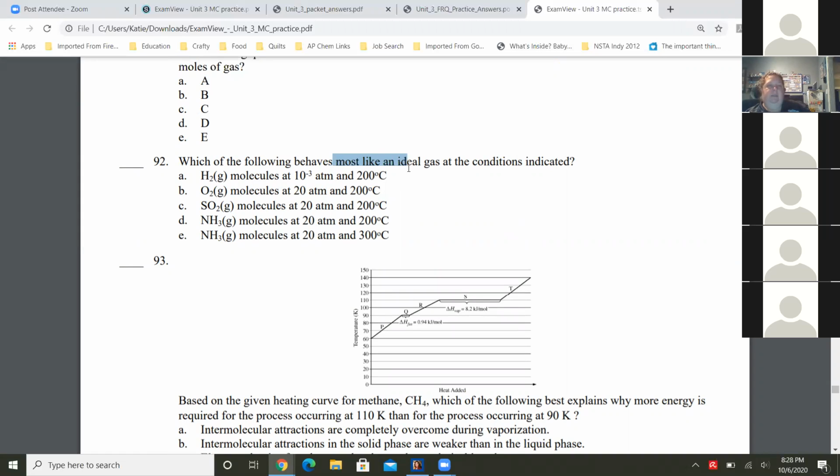Most like an ideal gas means that we want high temperature and a low pressure if we can help it, and we also want smaller molecules, smaller particles. They're mostly all at the same temperature. Ammonia is at a little bit higher temperature in E, but it's got a really high pressure. We don't want high pressure. Hydrogen in part A has a really low pressure and a warmer temperature. So those two put together are going to give us the most ideal conditions.